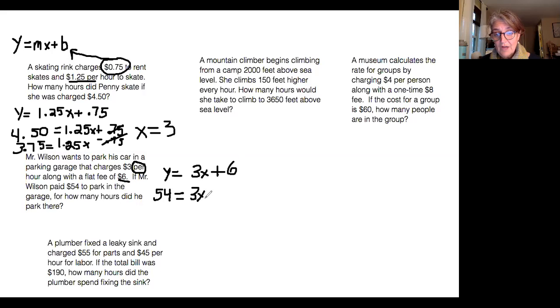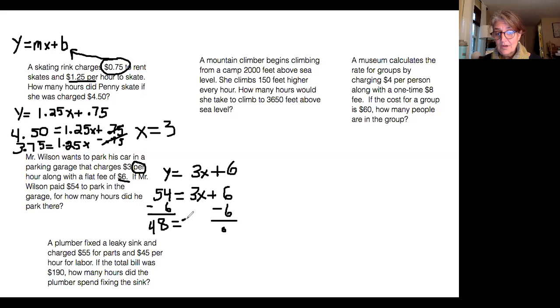Now we're going to move on to just simply isolating the x value. To do that, we subtract 6 from both sides. This becomes 0. If we subtract 6 from this side, this becomes 48 equals 3x.